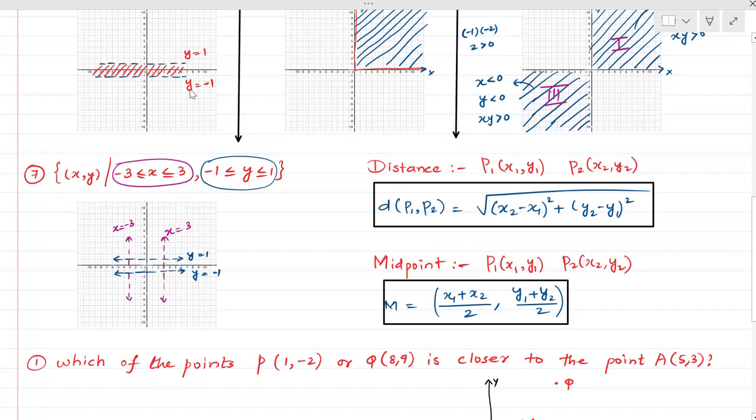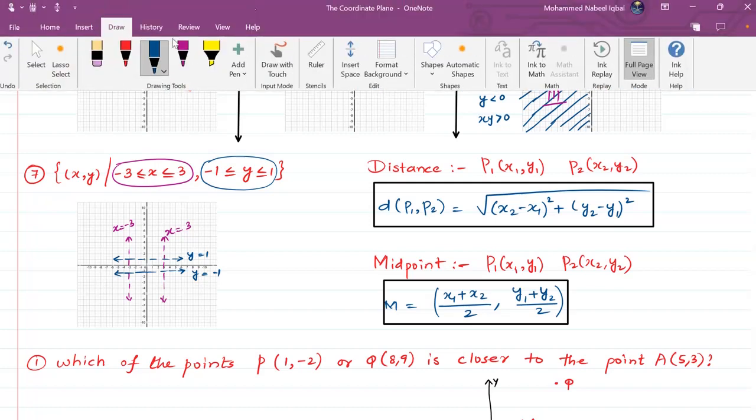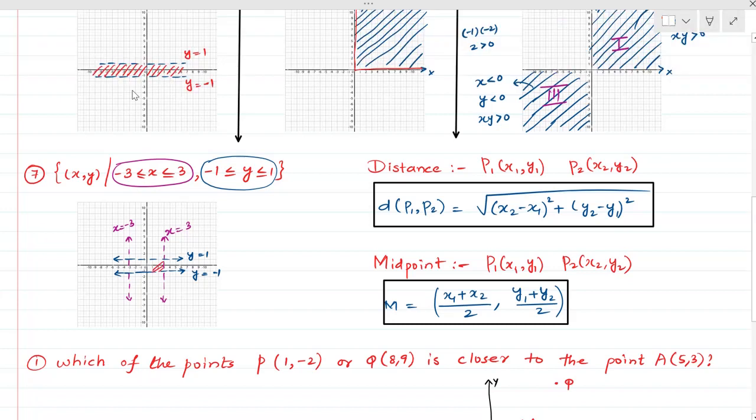Therefore, what is the intersection of these two? This is the intersection, in which all four lines of the rectangle will be included, including this line, because equal is there. So this is the sketching of the coordinate system.